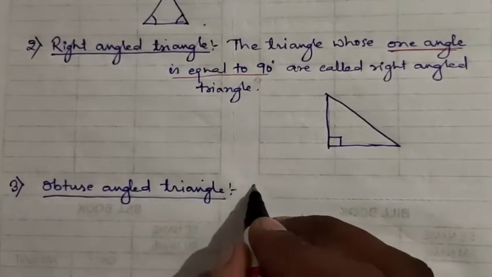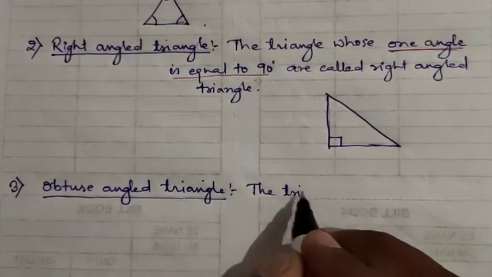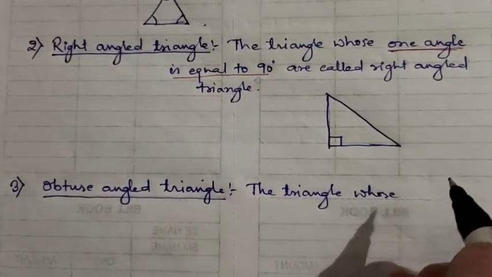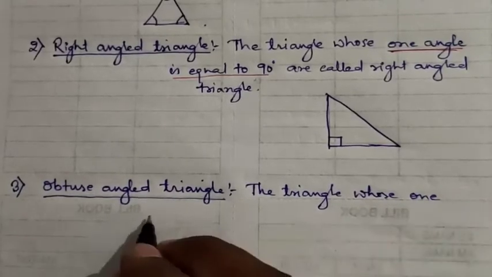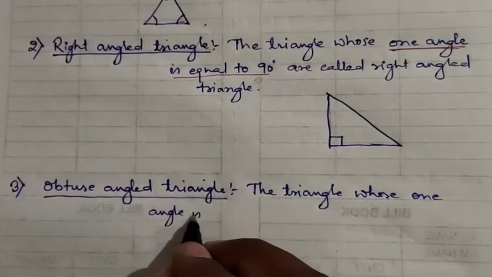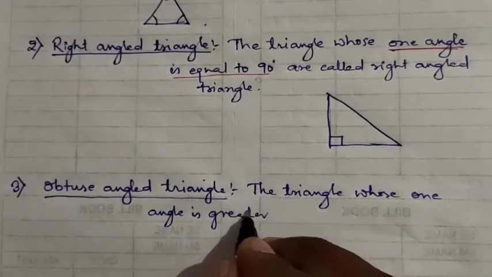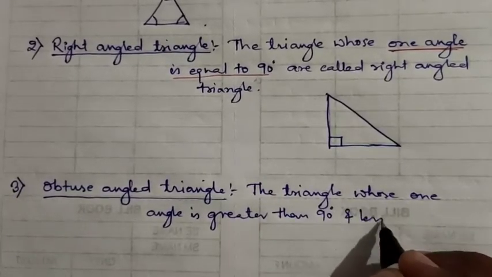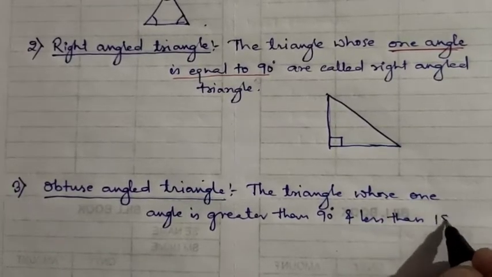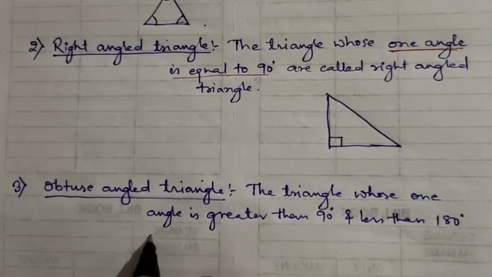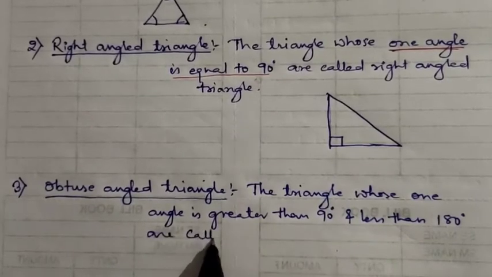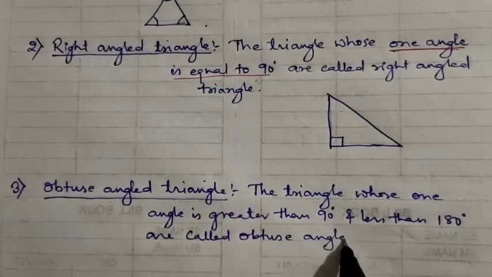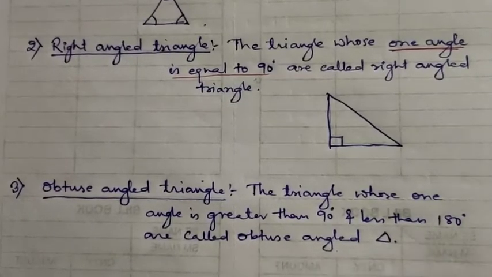Obtuse angle triangle tells us that the triangle whose one angle is greater than 90 degree and less than 180 degree is called obtuse angled triangle.